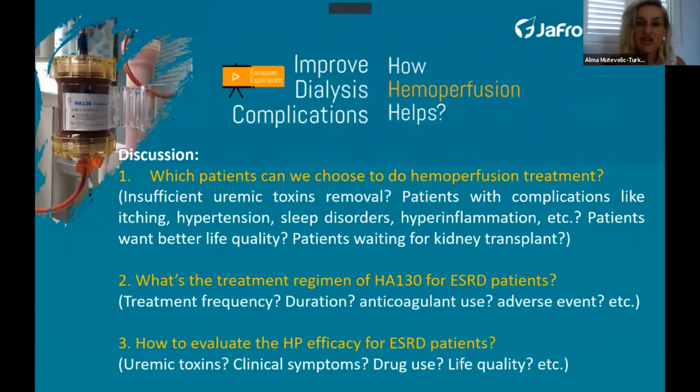Also, we had patients with refractory hypertension, and all the patients were awaiting transplantation on the federal list, so that we can improve their overall medical state with this hemoperfusion technique.